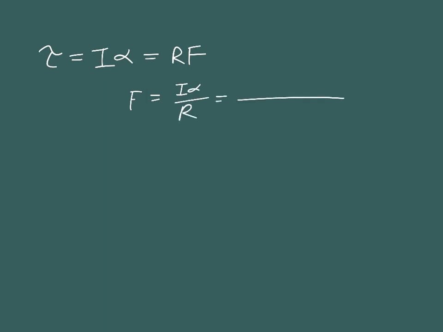Really simple. So we take the 0.75 kilogram meter squared times the 30 rad per second squared over the radius of 0.019 meters, because it was given in centimeters.